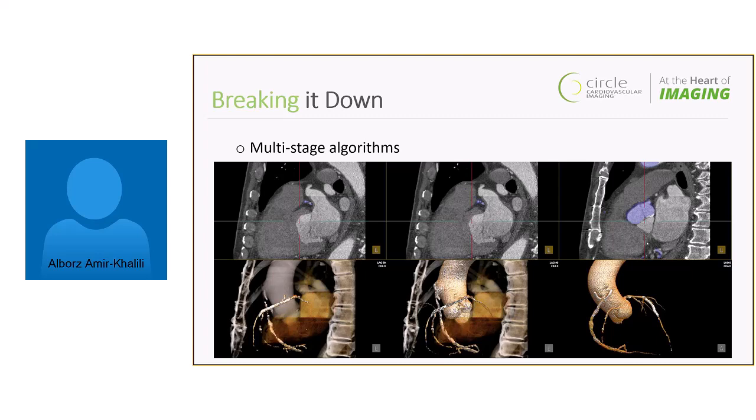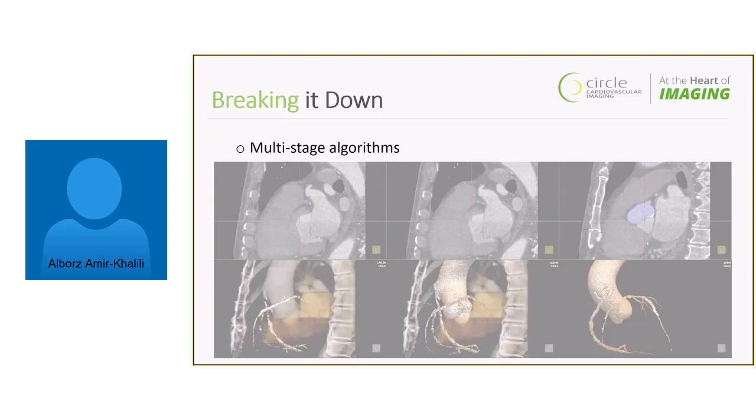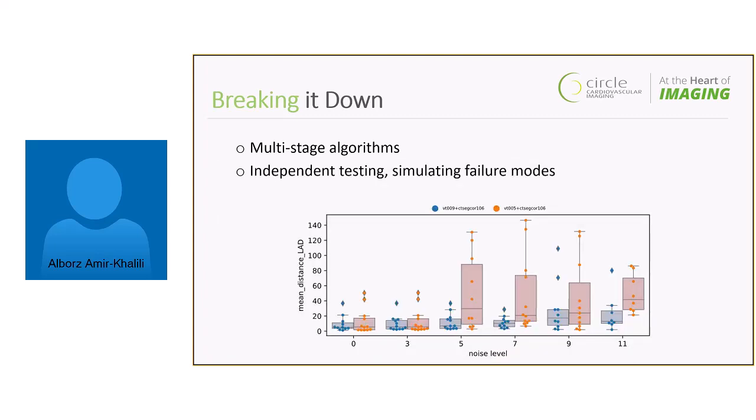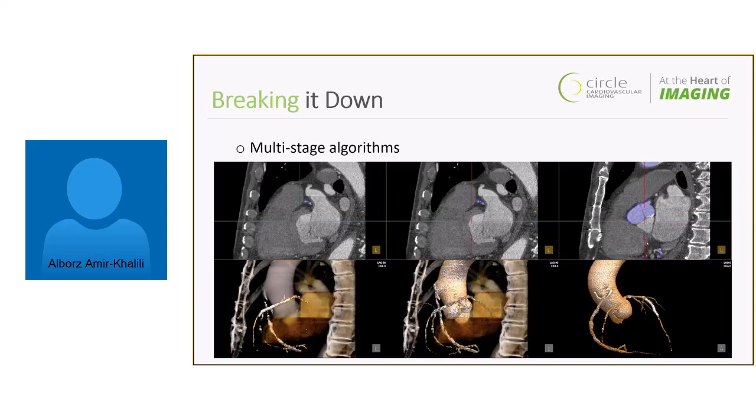So we can build the subsequent stage in the processing to be robust to potential erroneous outputs, right? And this is another example where we can see what happens in terms of our performance in detecting the left anterior descending coronary artery subject to different noise levels that we have input into one of the stages of the process. Here we're assessing two different networks to see which one is more robust to input noise. And this is how we evaluate our steps.